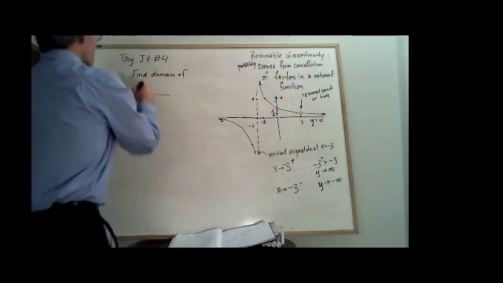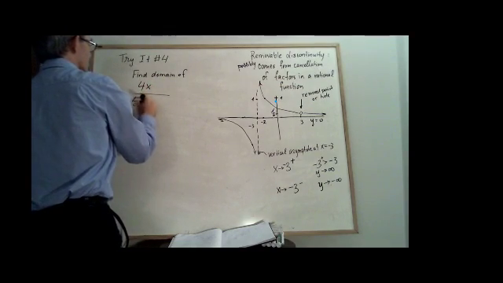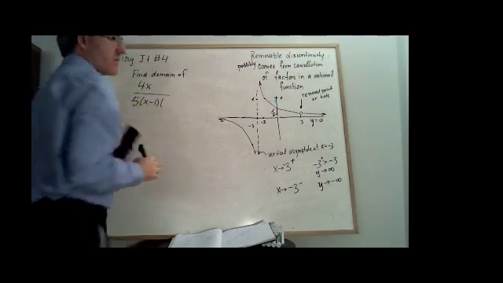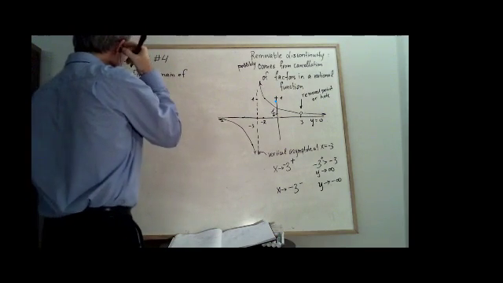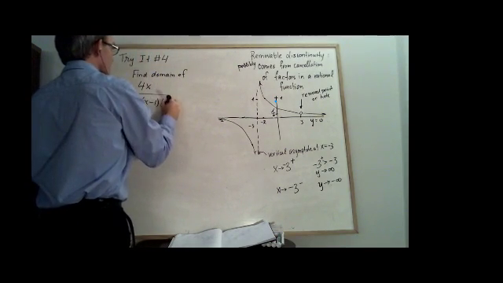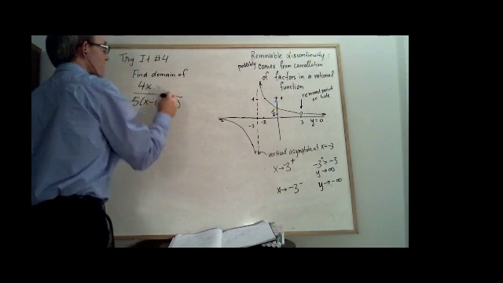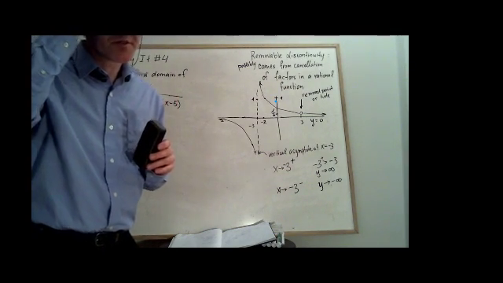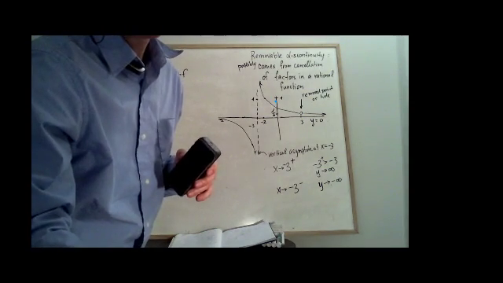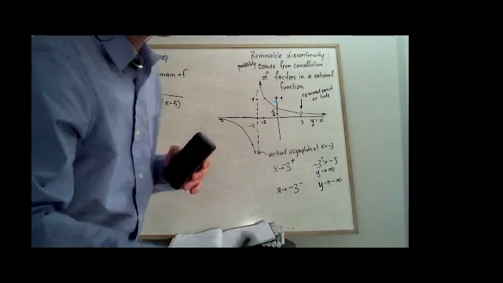Four x over 5x minus 1 times x minus 5. That's staying in. Okay. All right.